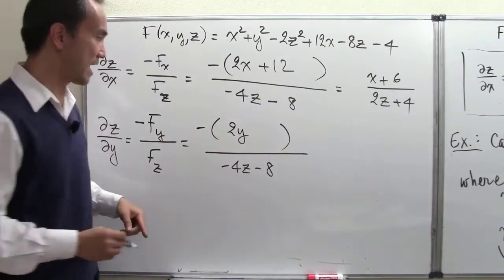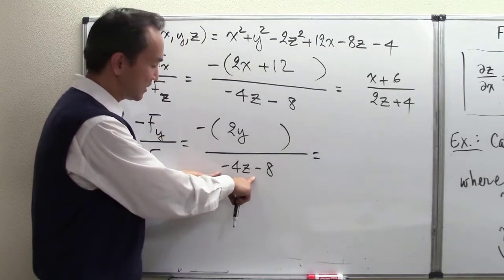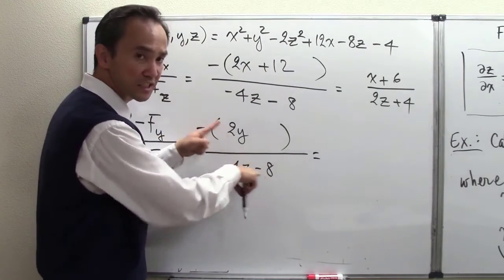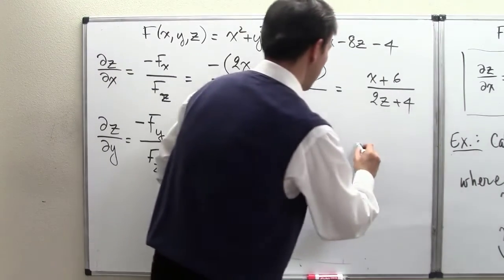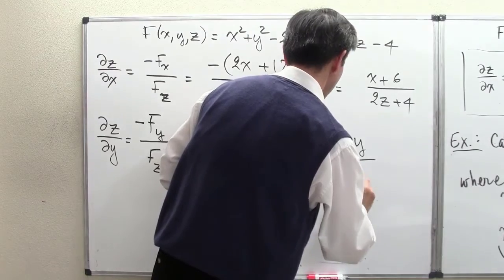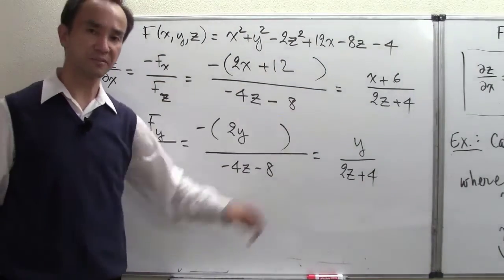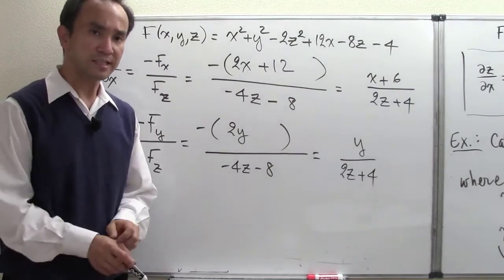So that's all we have. The minus sign cancels out with the 2 minus signs here, and the common factor 2 cancels with these common factors 2. So we're looking at y over 2z plus 4. We found the two partial derivatives. And so now the next step is easy.